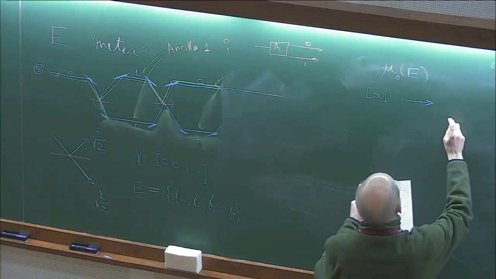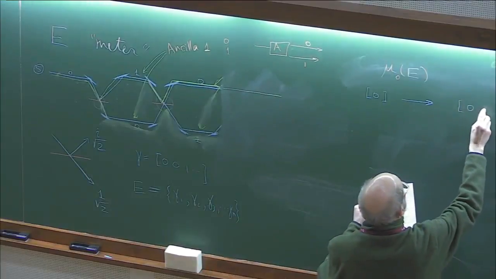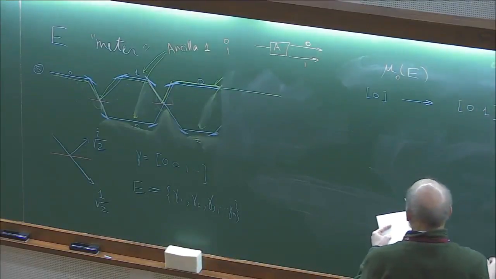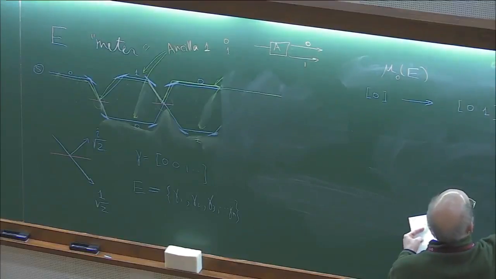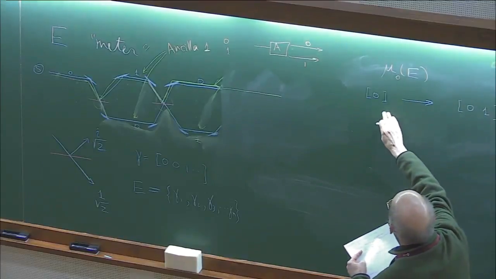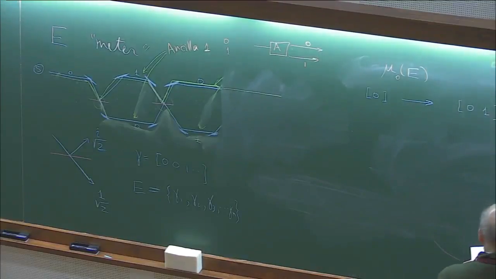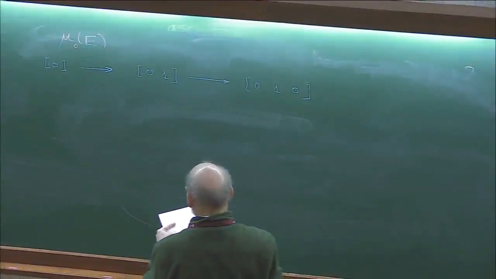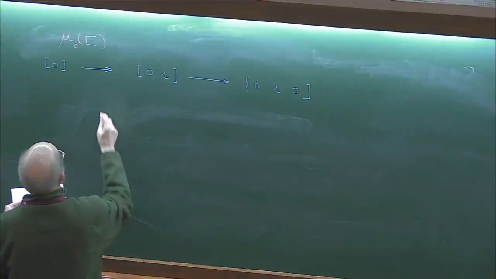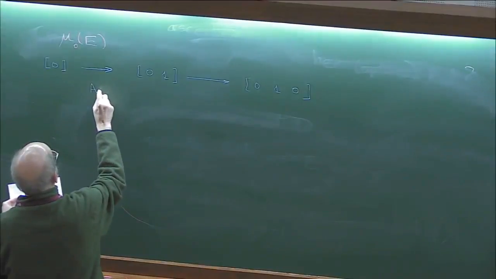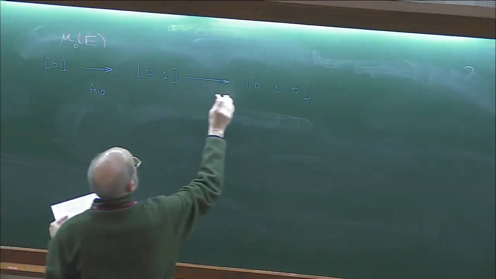It made a transition, continued on, emerging in beam 1, which is a transition from this truncated history to this more extended history, and then it made a transition to a still more extended history, which is 0, 1, 0, and then we're finished. We assume nothing happens after that. So we want the amplitude for this history.